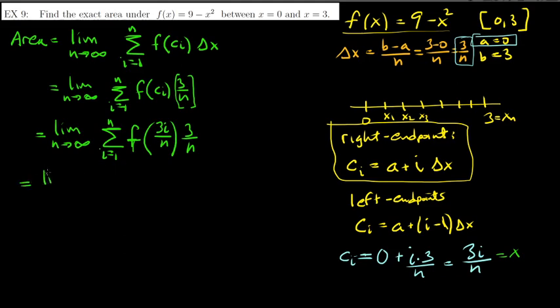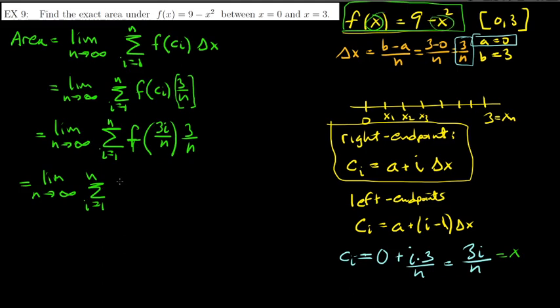So now what? What is f of x? f of x was given. That was 9 minus x squared, that's the curve we're looking at here. So what's my x? It's this 3i over n. So I just replace this x up here with 3i over n.